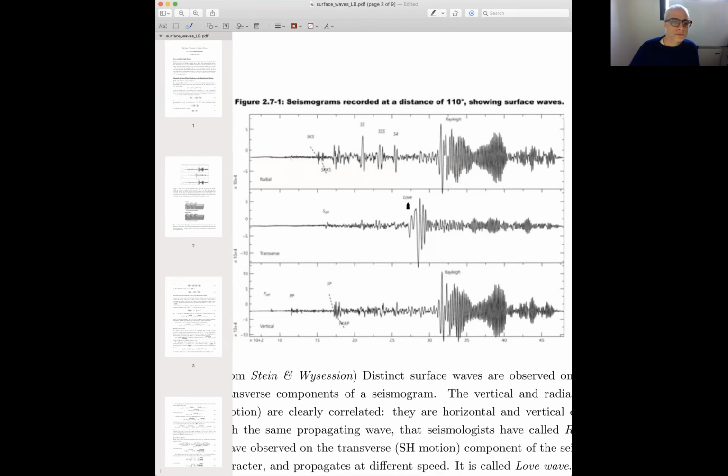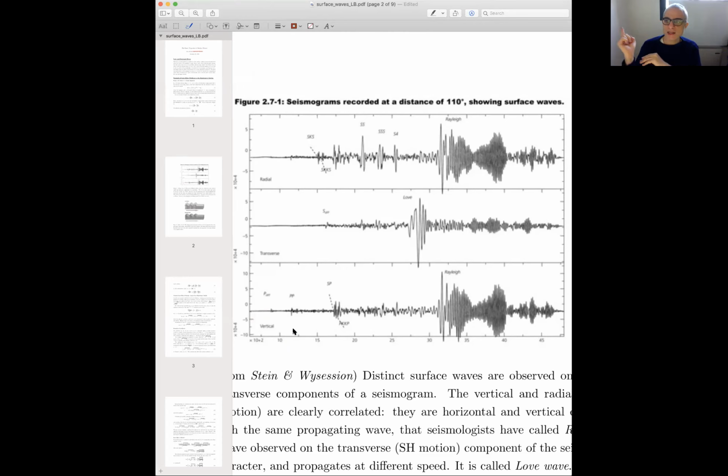Vertical, which is the bottom one here, is easy. If this is the surface of the Earth, vertical is the direction that's perpendicular to the surface of the Earth. Then to define the radial and transverse components, you have to know where your observation point, your station, your instrument lies with respect to the source.